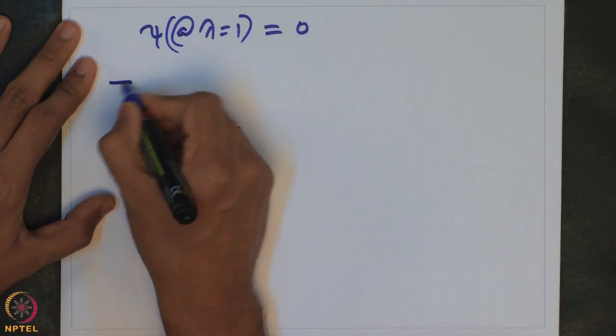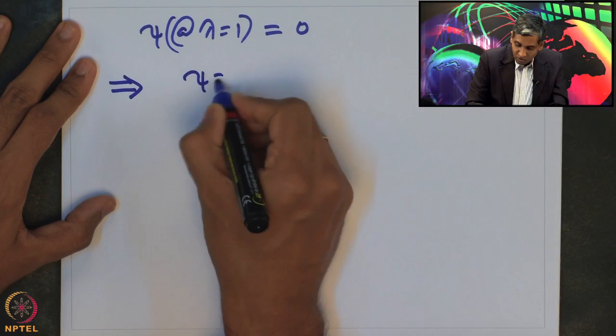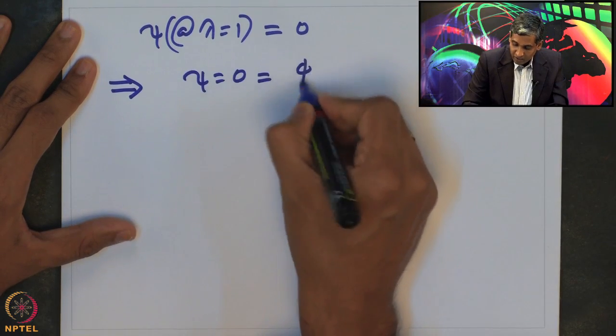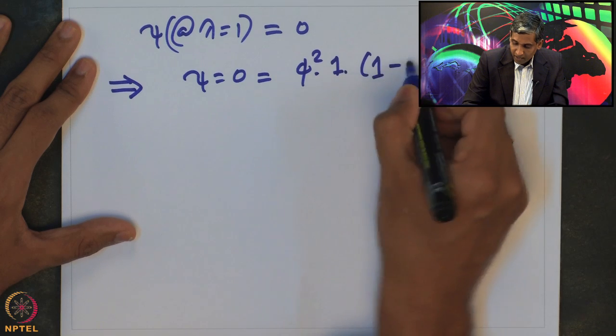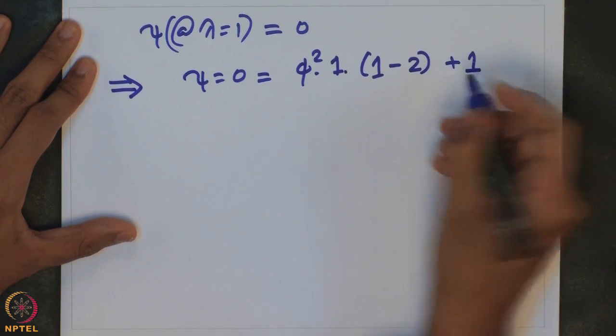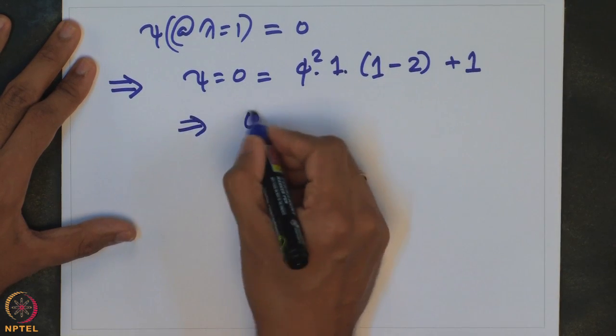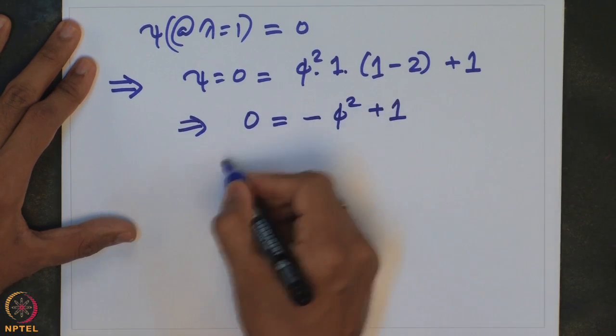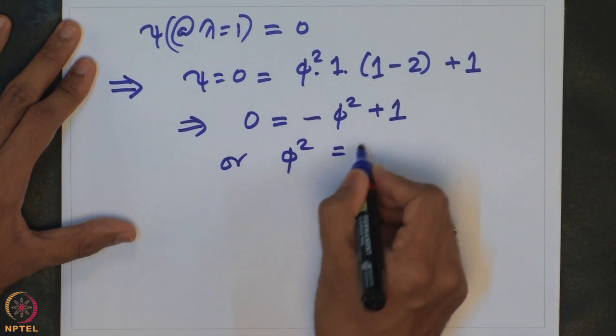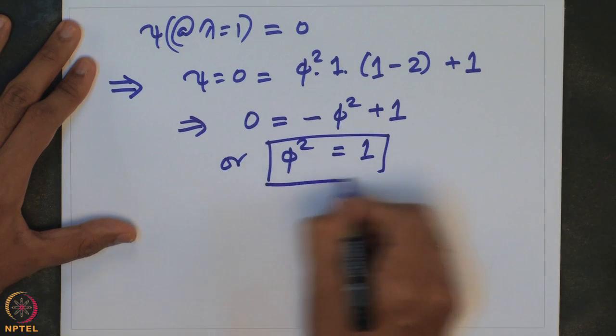So, 0 is equal to phi square into 1 into 1 minus 2, plus 1, and so 0 is equal to minus phi square plus 1, or phi square is equal to 1.